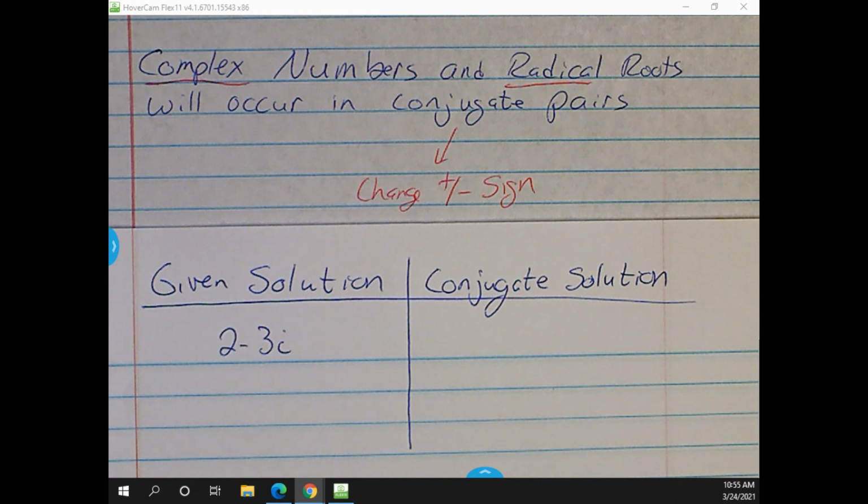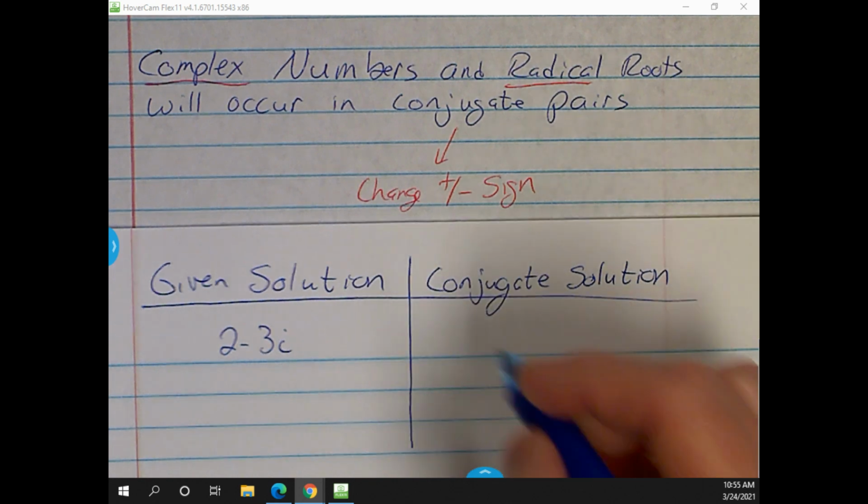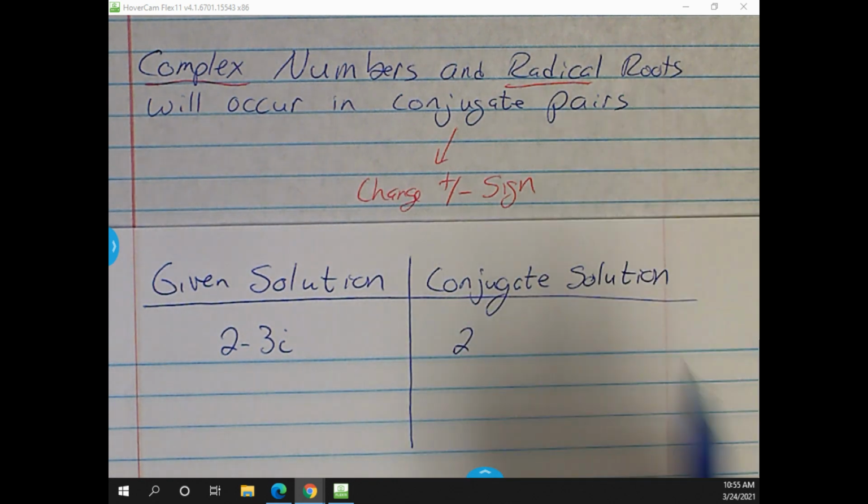Okay, so we're doing 2 minus 3i. If you're given 2 minus 3i as one solution, the conjugate solution then would be 2 plus 3i.